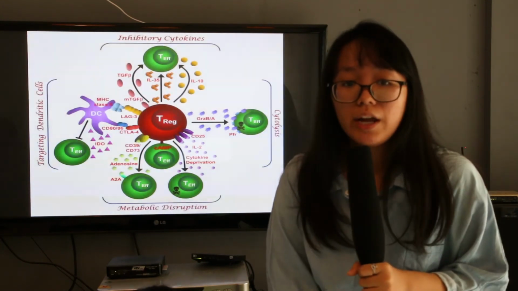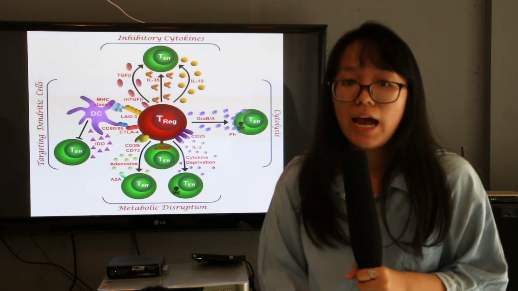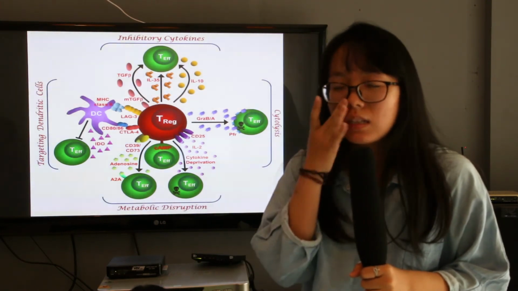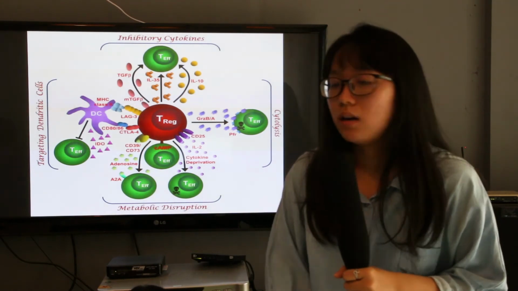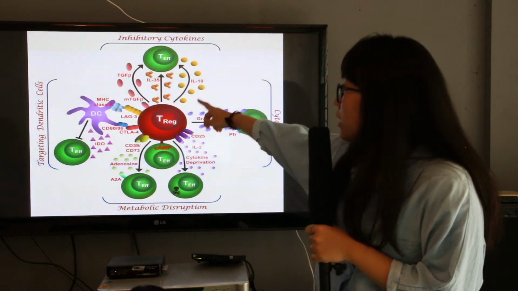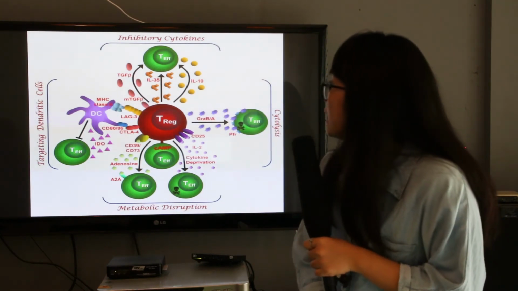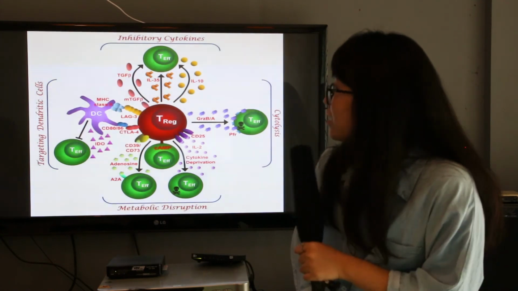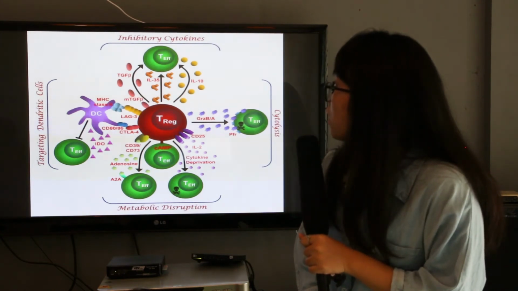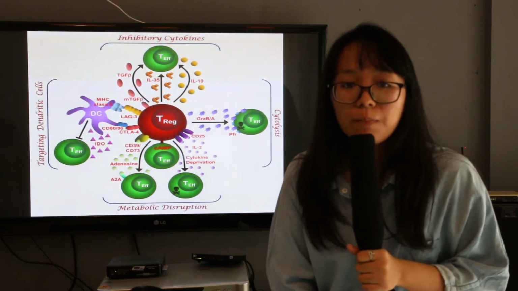So in the picture here, the first pathway is suppression by inhibitory cytokines. This pathway includes the secretion of three factors: interleukin 10, interleukin 35, and TGF-beta. These three factors will inhibit the secretion of cytokines in the T effector.